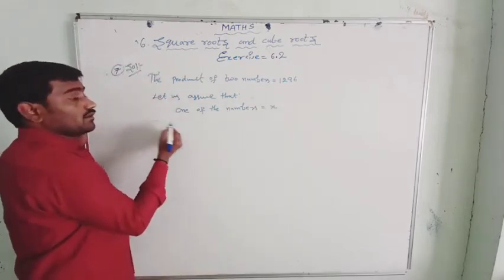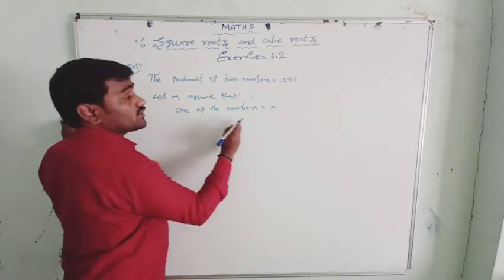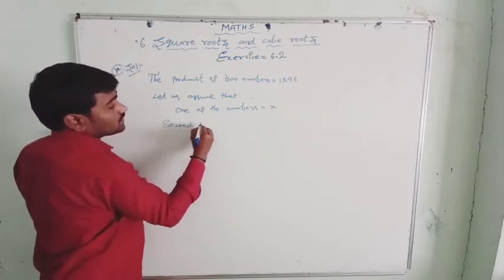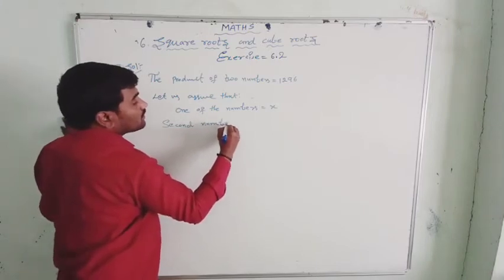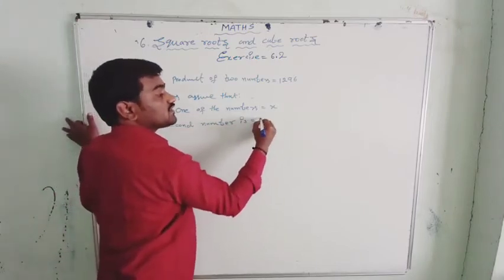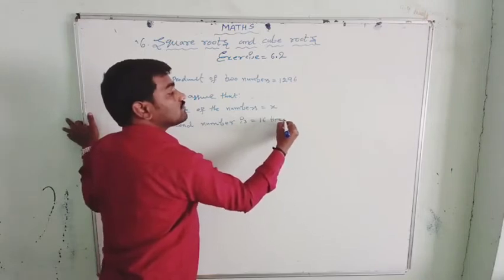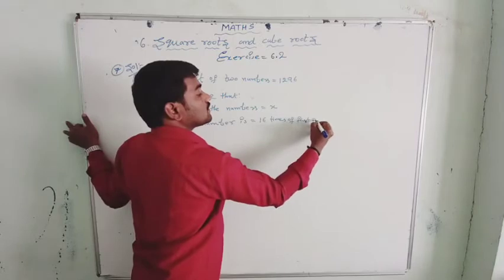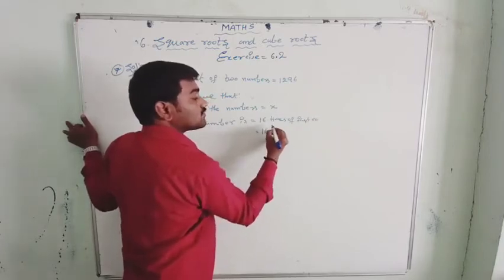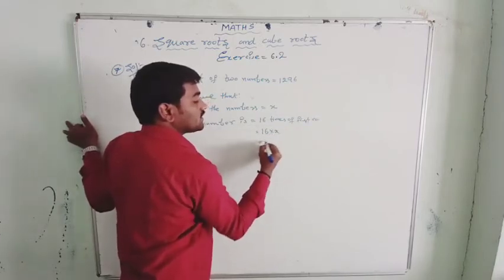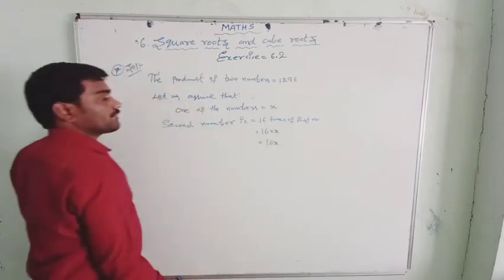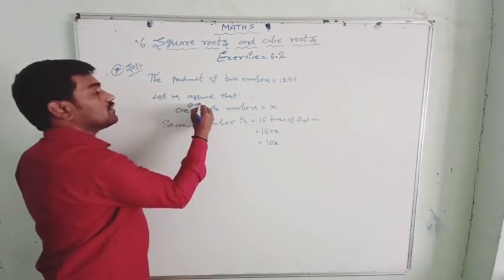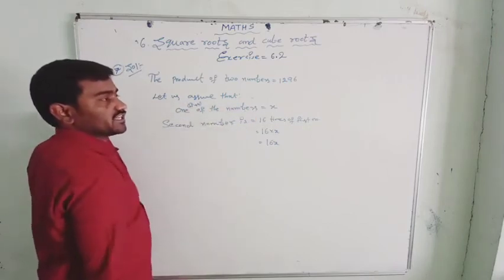The second number is 16 times the first number. So 16 times means 16 into x, that is 16x. The first number is x, the second number is 16x.